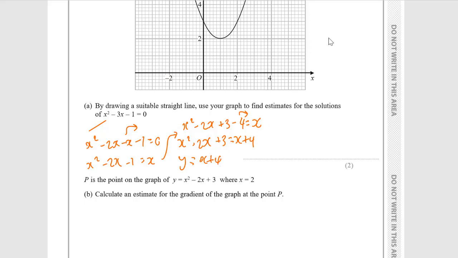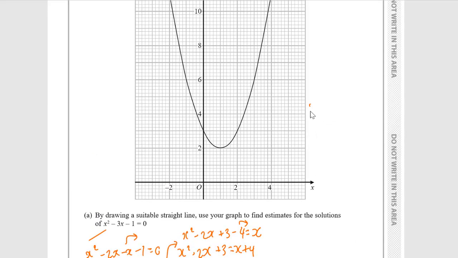So when x equals 0, 1, and 2, y equals 4, 5, and 6. And so we can plot that out here. So when x equals 0, y equals 4. Apologies once again, it's not straight. When x equals 1, y equals 5. And then when x equals 2, y equals 6. And so on and so forth.